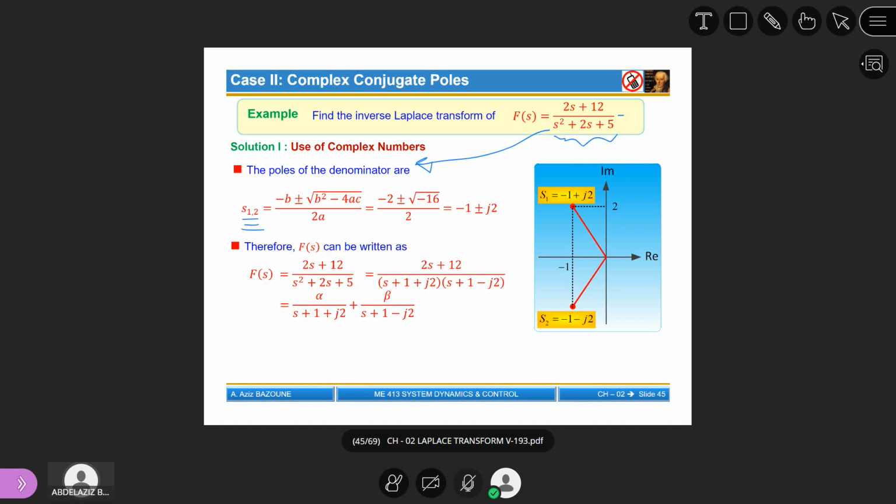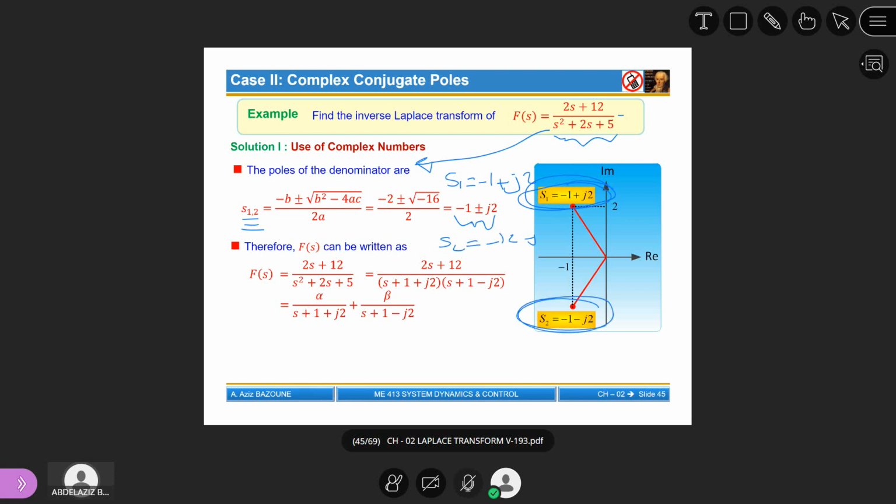Do you know how to use this one? We found the roots to be s equals minus 1 plus or minus j2. So s1 will be minus 1 plus j2, and s2 will be minus 1 minus j2, as they are showing here.